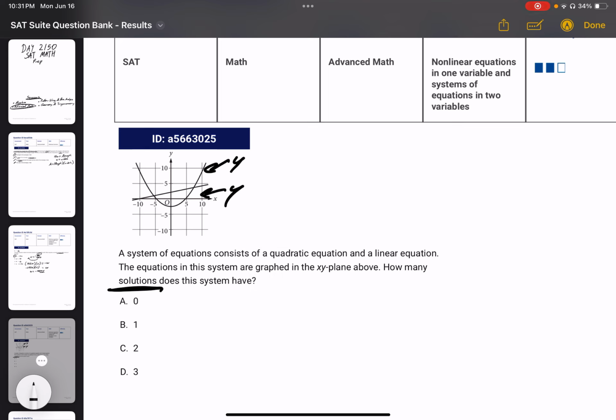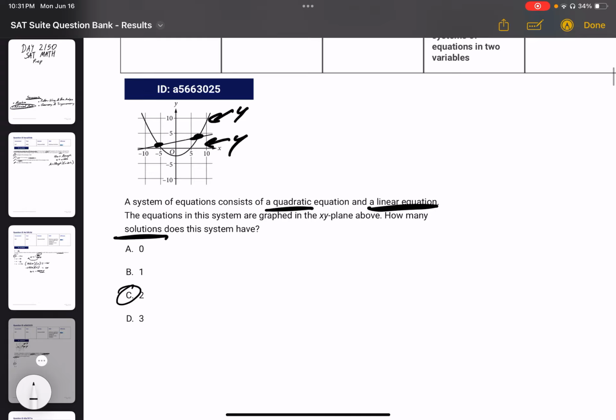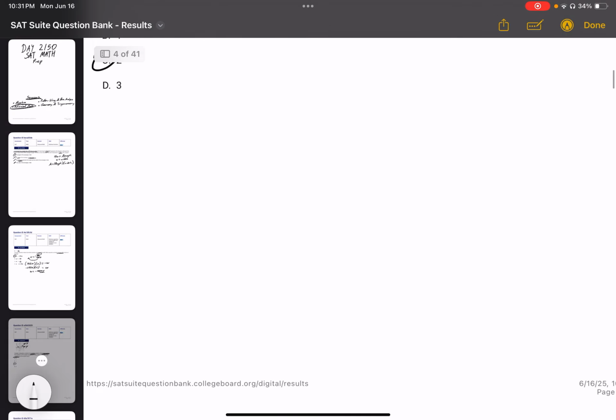So the quadratic one is one line, the linear is one line. How many times do these intersect? How many solutions does the system of equations have? Well, we see it intersects at 2 points, so literally it's just 2. And that would be your answer. Just analyze the graph, and yeah.